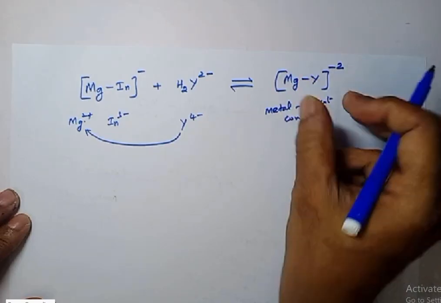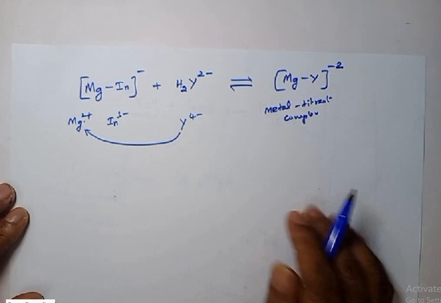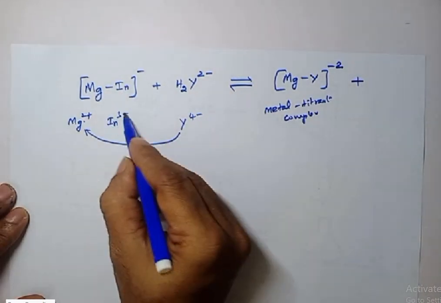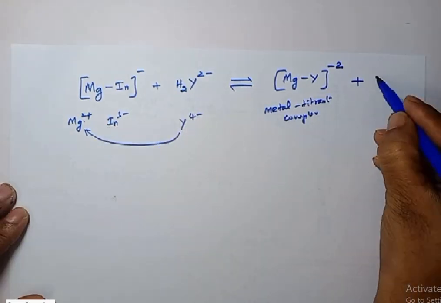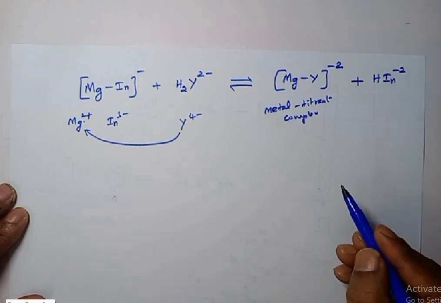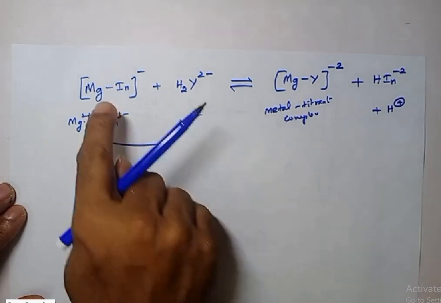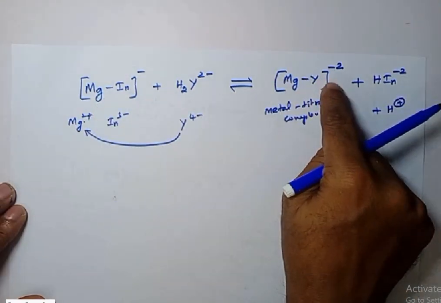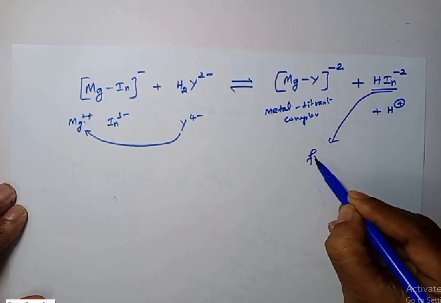Minus 2 is the charge of this metal ligand complex. Plus, we have the free indicator ion and 2 H+. One H+ combines with this and forms HIn 2-. Then one H+ comes out. So as the reaction progresses, we get the metal ligand complex and we get the free indicator. We call it the free indicator.